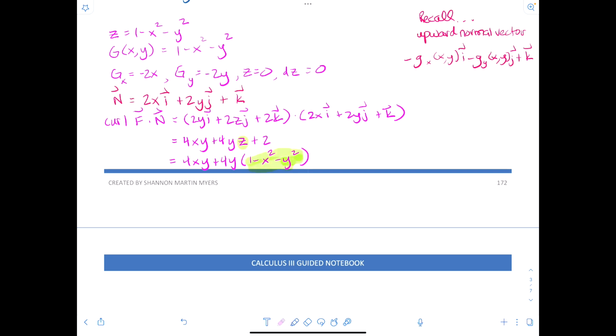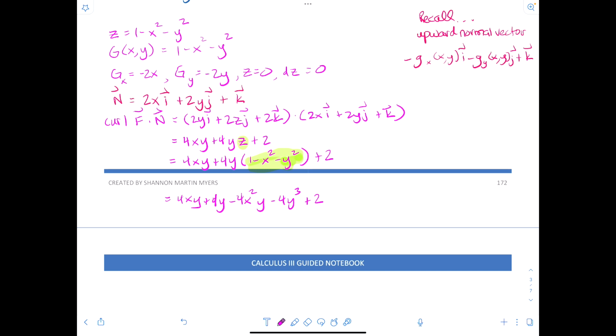And then don't forget, we still have plus 2 hanging about, which gives us 4xy plus 4y minus 4x squared y minus 4y cubed, and then plus 2.